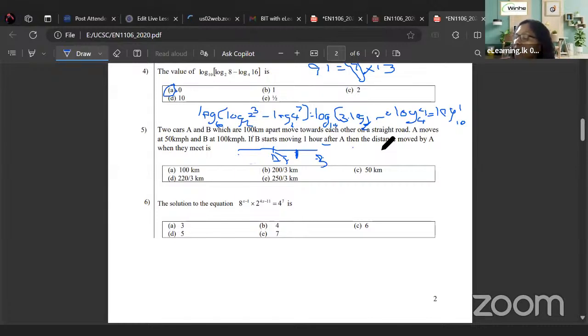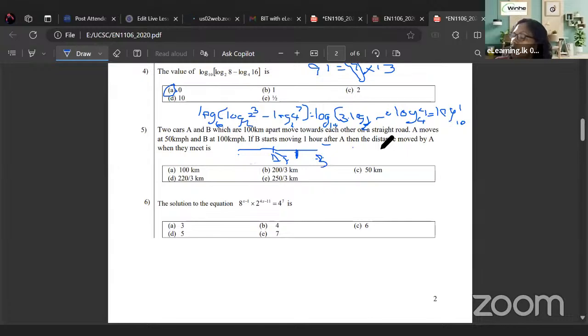So x minus 50 divided by 50 minus x divided by 100. Right? So 100x is equivalent to 50 into 50 minus 50x.